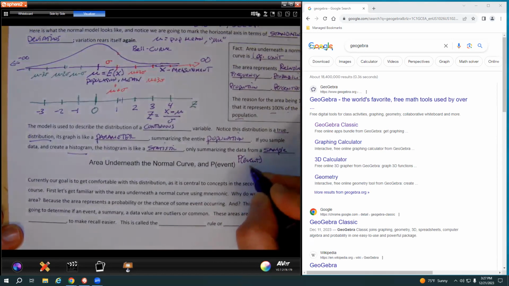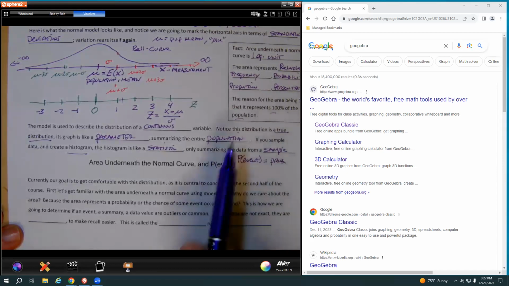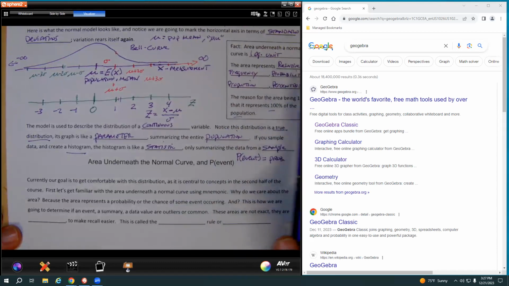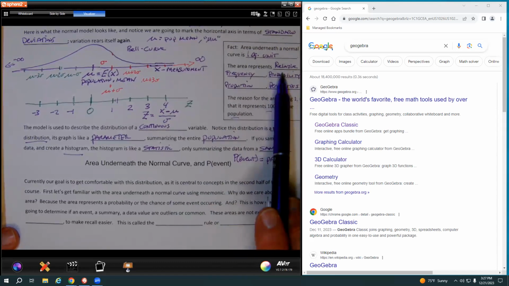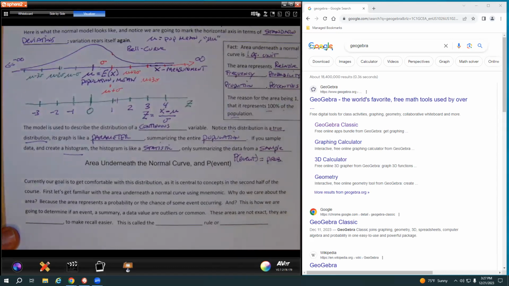It could be numerical, it could be a word, it could be anything. For us, we're just going to write down an interval that we're interested in. And the output of this is the probability. Notice the probability has other terminology: it could be relative frequency, probability, proportion, percentile. That's the output we're looking for.